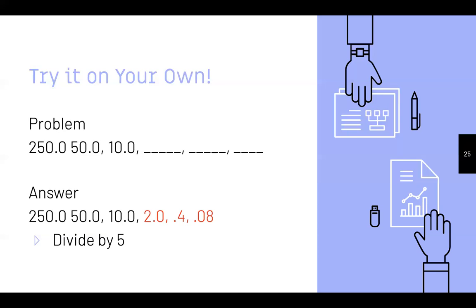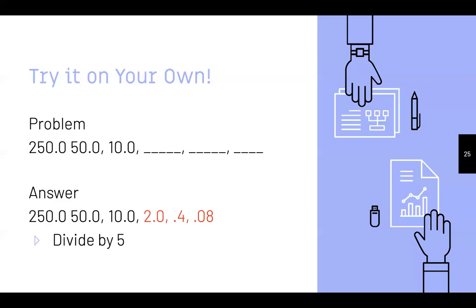What we're doing is 2.0 divided by 5. 5 doesn't go into 2, so 0, decimal point. How many times does 5 go into 20? So 0.4. Now, the next one is 0.08. Now, how do we get that, right? Divide by 5, same thing as we've always been doing for this problem. 0.4 divided by 5.